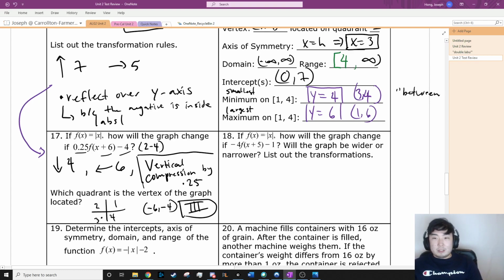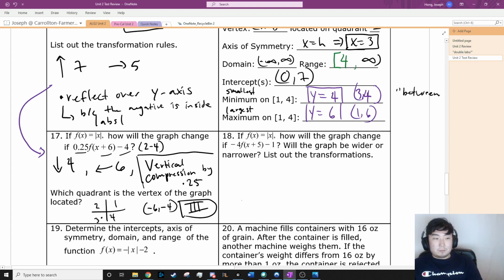18. If f of x is equal to absolute value of x, how will the graph change if this equation, which is -4 f of x plus 5 minus 1? Will the graph be wider or narrower? List out the transformations.